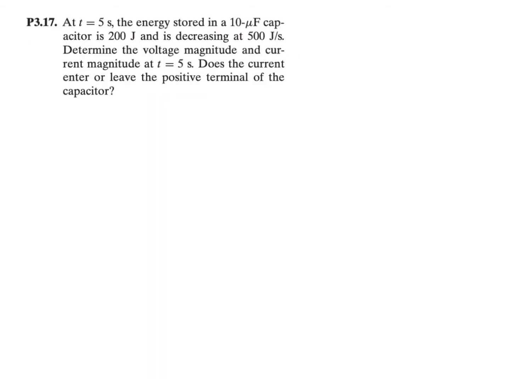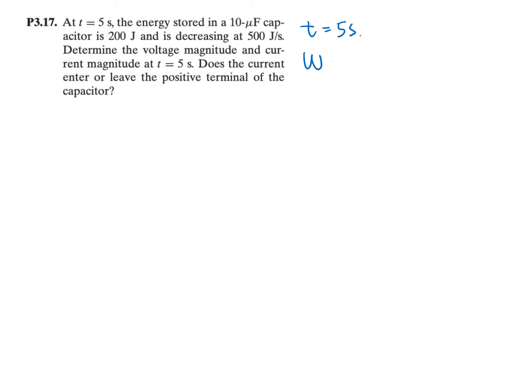Question P3.17. At t is equal to 5 seconds, the energy stored in a 10 microfarad capacitor is 200 joules and is decreasing at 500 joules per second. So we know that now the time is at 5 seconds.